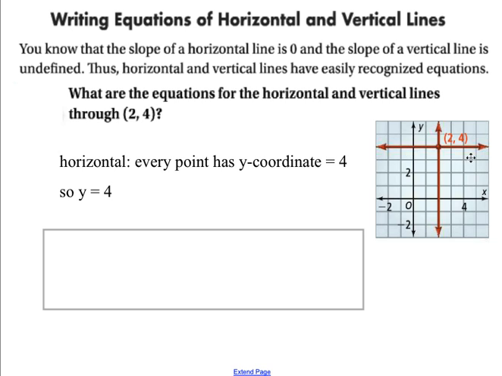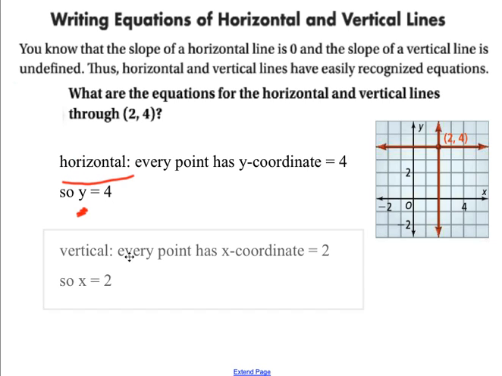So if it's a horizontal line, it will have the form y equals and then whatever the y coordinate is. All of them will be y equals for horizontal lines. So that's something that I'd like you to just try to remember, or find a way to remember that. It's always going to be y equals for a horizontal line, okay?